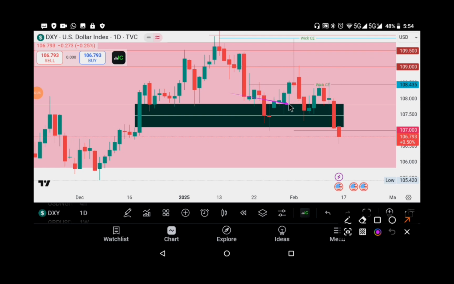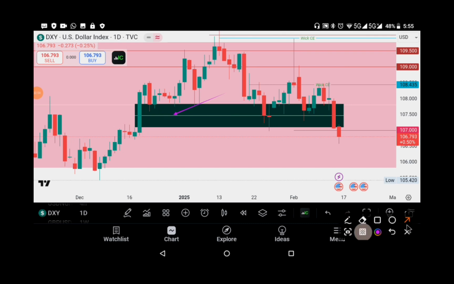So now that the market price has found its way below the consequent encroachment of this buy side imbalance, sell side inefficiency, I'll be viewing the lower half of the FVG as an inversion fair value gap now.